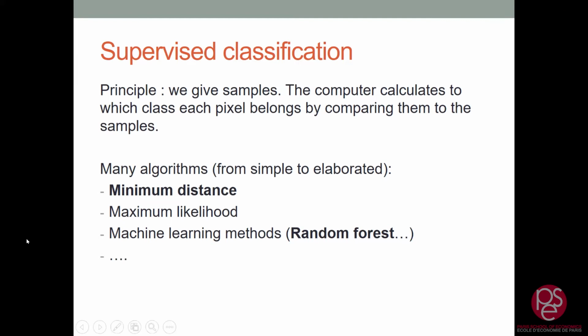Some are based on minimizing the distance between the pixel and some radiometric signature taken as a reference, which I'm going to explain, a very classic method. Some methods are based more on trying to find a probability that a pixel belongs to a class. I will not give details for that. And some more modern methods are based on machine learning. I will explain what a random forest is.